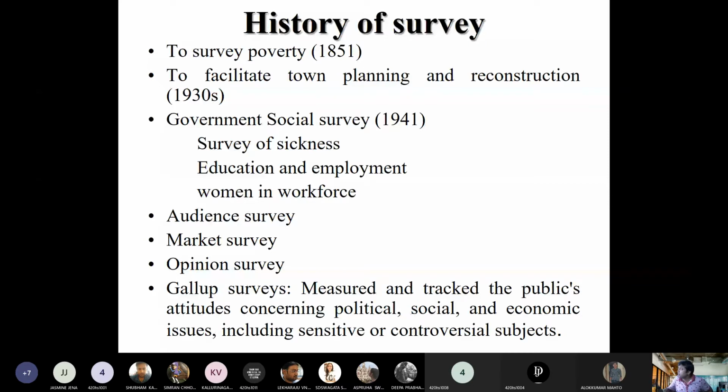Suppose whenever any major incident happens in a particular state, immediately different companies or agencies, both anti-government and pro-government, specifically the TV news channels, do lots of public surveys. Wherever anything happens, they do a survey on the mood of the people, their perception of the law and order of the state and of the present government. So all these things we also do in a survey.